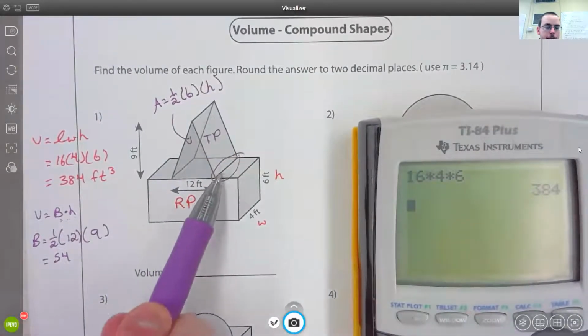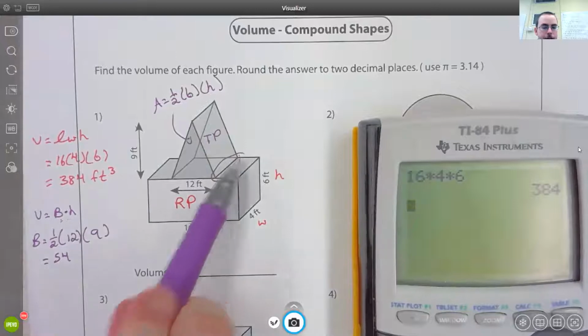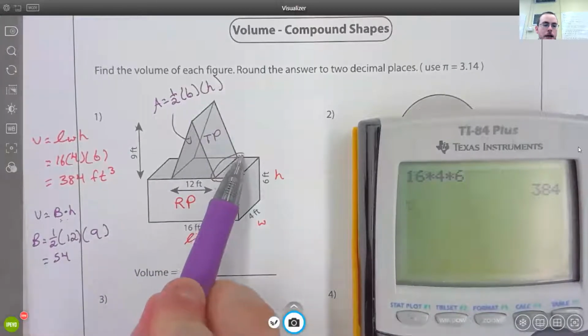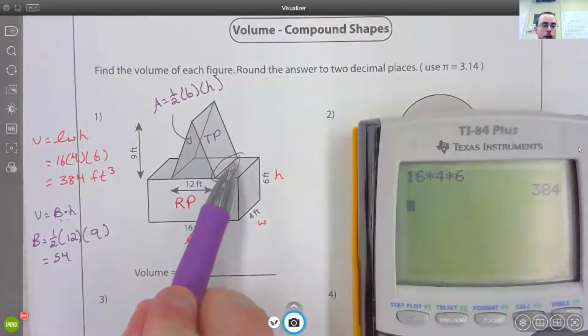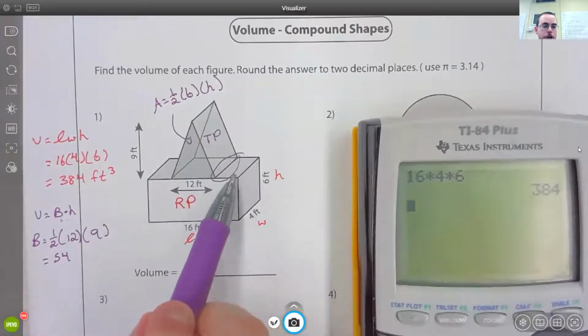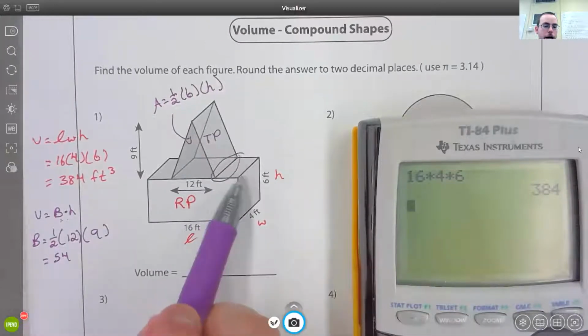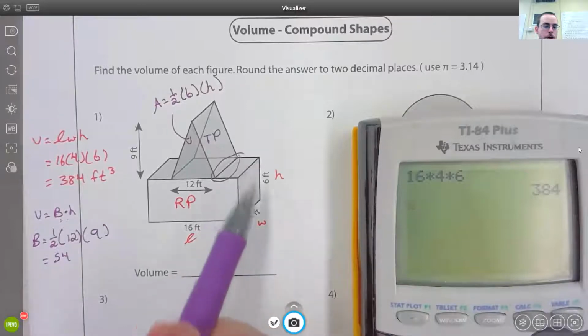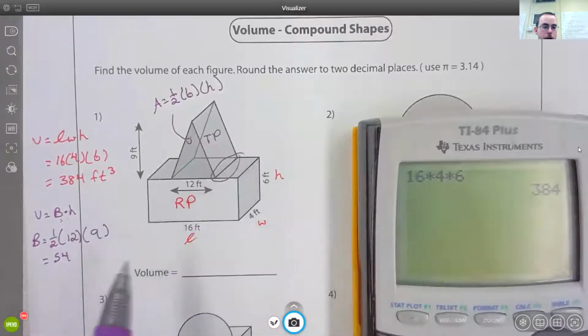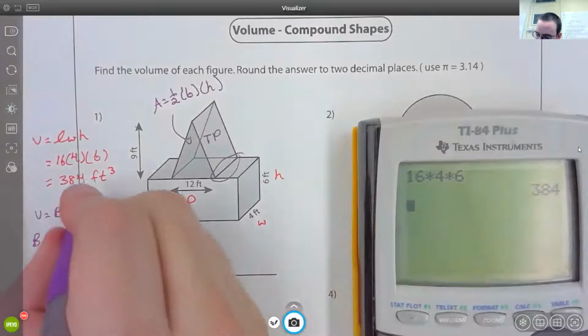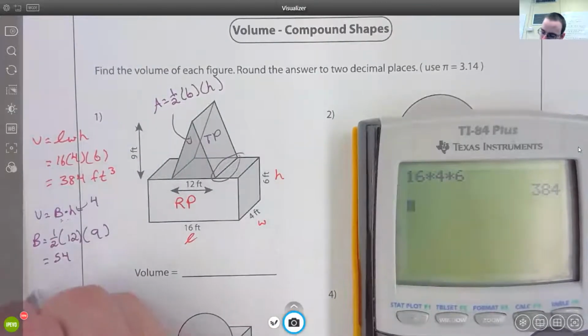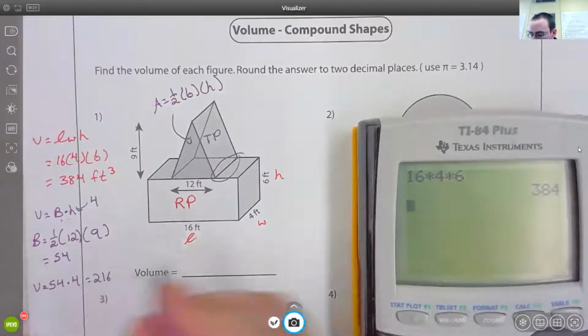It goes across all the way this way, parallel and congruent to this one, and this side is equal to 4. So the height of our triangular prism is 4. We have 54 times 4, which gives us 216 feet cubed.